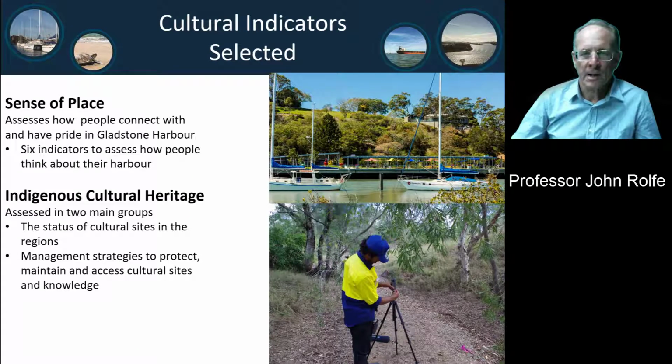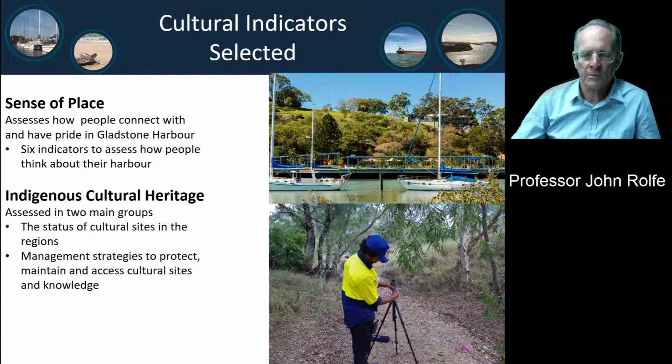The cultural indicators are measured in 2 ways. The first is to look at the sense of place, which measures the extent to which the Gladstone community has pride in the harbour and feels connected with the harbour. And the second is to look at Indigenous cultural heritage. In that case, it looks at the status of cultural sites in the region.